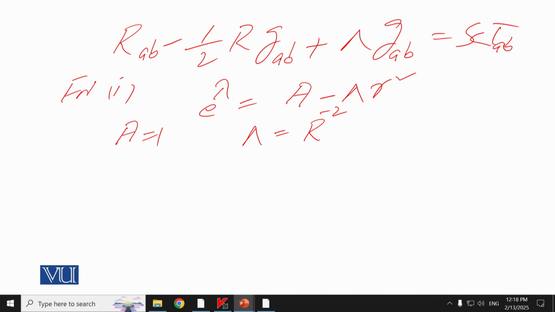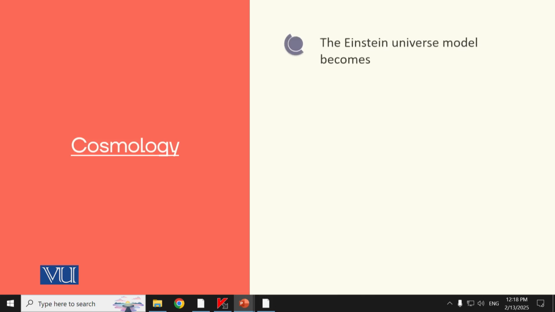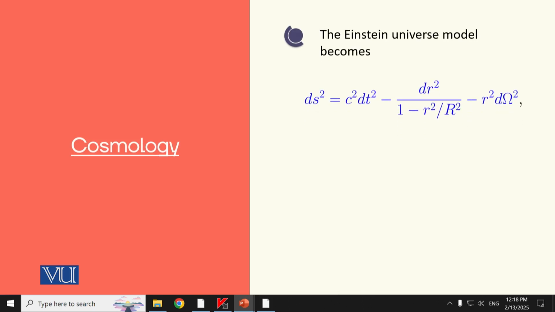So when we assume these things, we can find the solution in the final form as given here. So here you can see this is the final form of the Einstein universe model, and here obviously r is a constant, not the Ricci scalar.